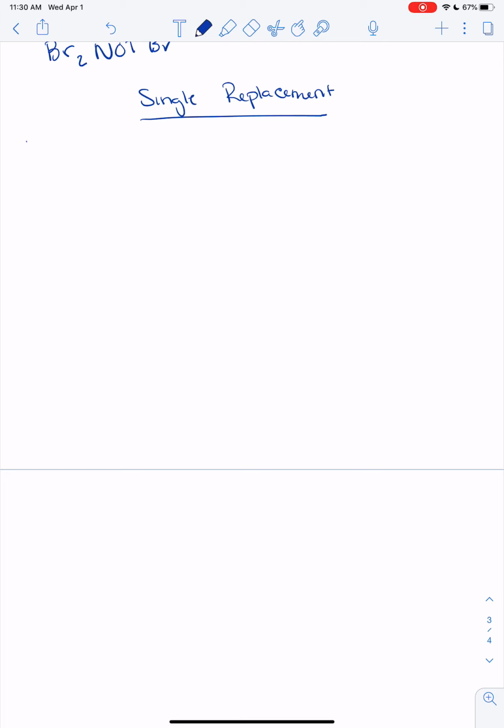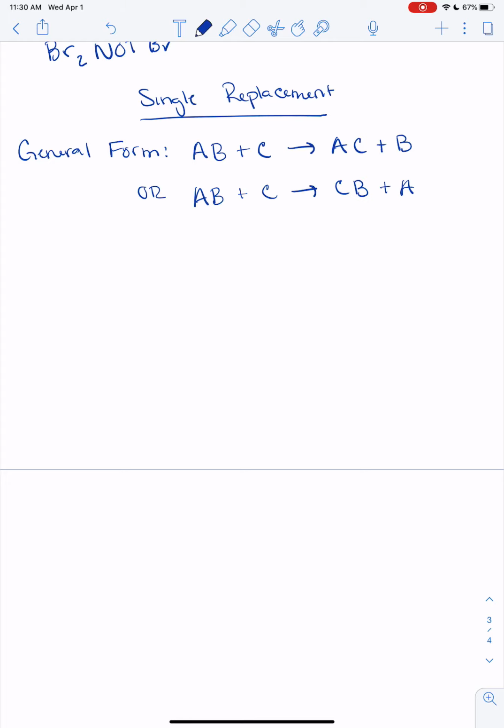Okay, and the general form here is that AB plus C yields AC plus B, or you could have AB plus C yields CB plus A. And in this case, we should see that C replaces either A or B, okay?